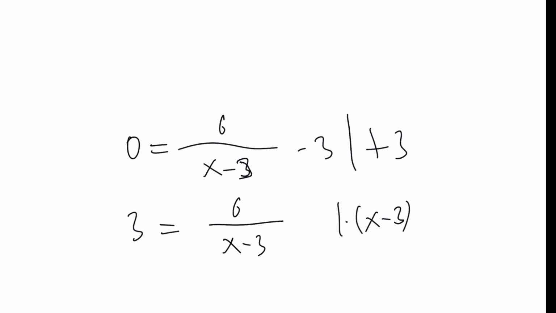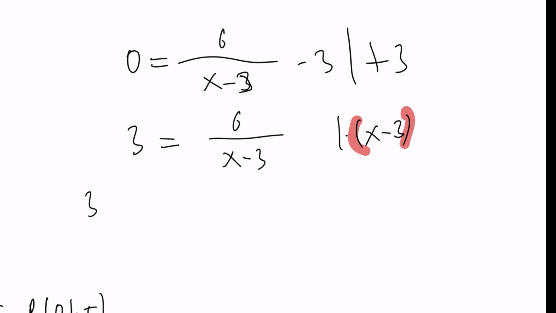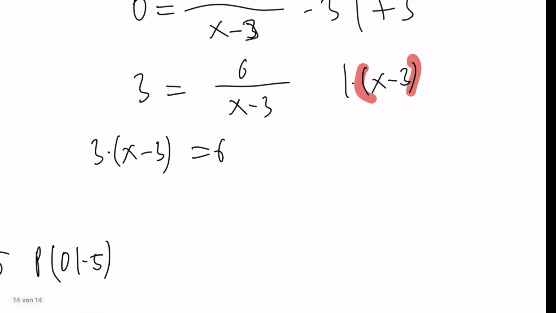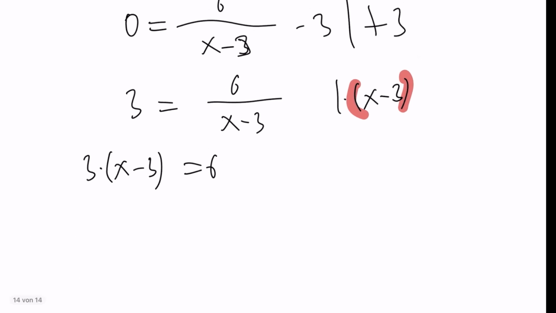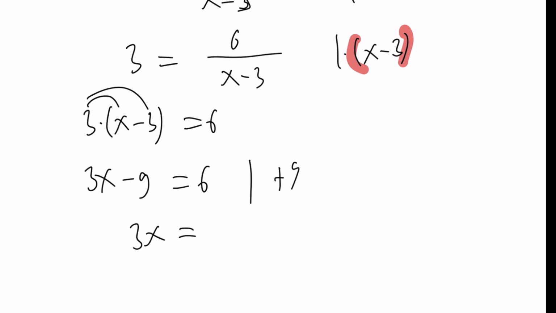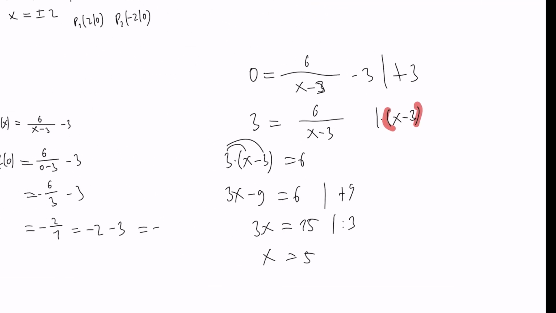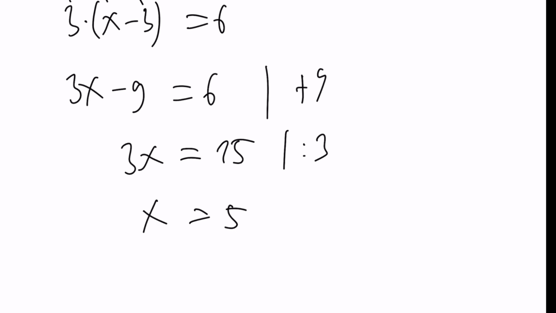Don't forget the brackets. So 3 times x minus 3 equals 6. So multiply this out: 3x minus 9 equals 6. Plus 9: 3x equals 15, divided by 3, x equals 5. So our intersection with the x-axis is at the point 5, 0.